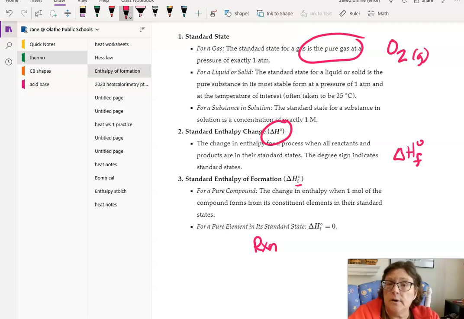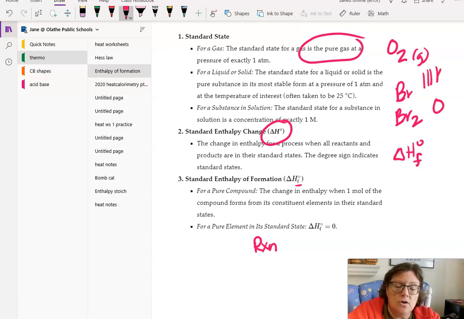Whereas the bromine I showed you before was just a single bromine atom, not attached to anything. Bromine normally comes attached, so bromine like that would be a 0. But if you have bromine that is simply by itself, you'll need to put in 111 kilojoules to get that. So if you've got a standard state enthalpy for an element, it's going to be 0.